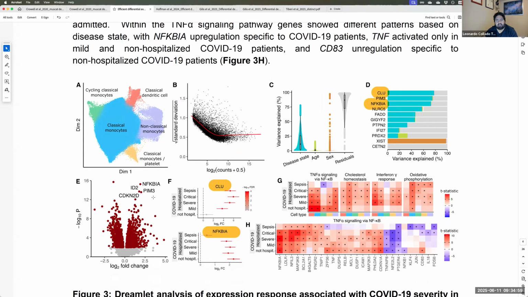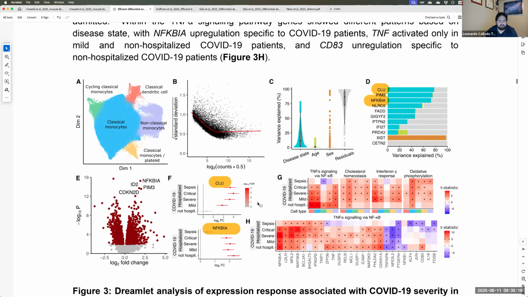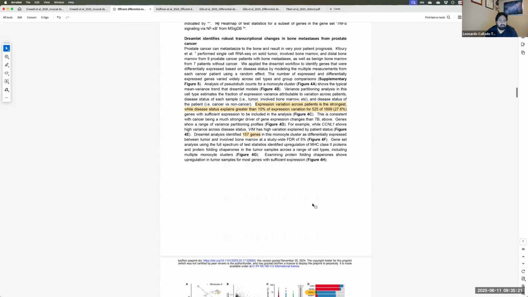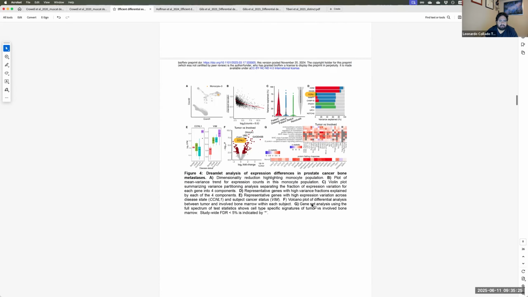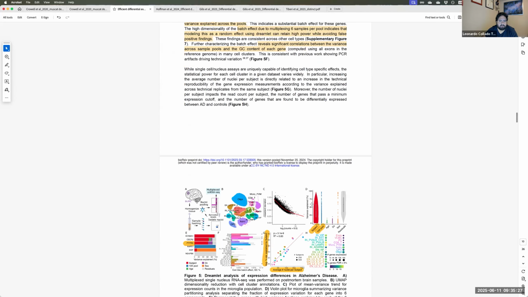So that's something that you can in general expect to see, where if you have some genes that have a high percent of variance explained by the covariate of interest, they should typically also be differentially expressed, unless the variance of the measurements is too large. So in that data set, the variable of interest was the one that explained the most variance.